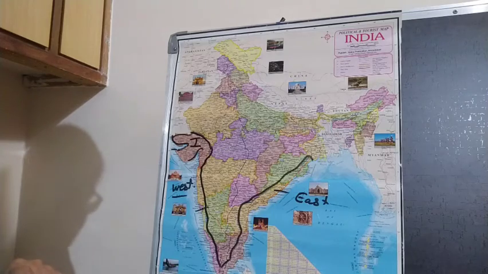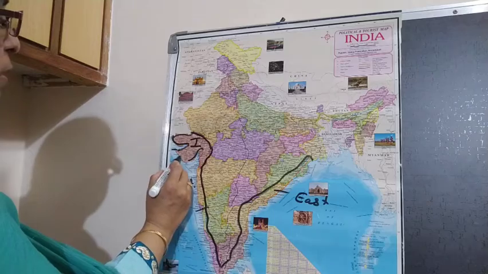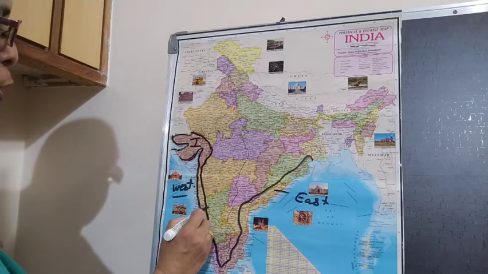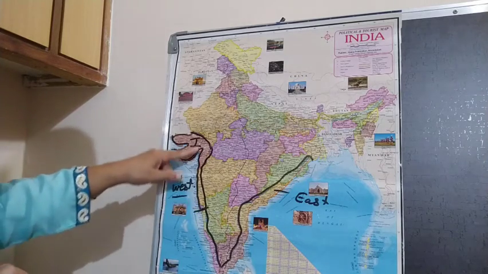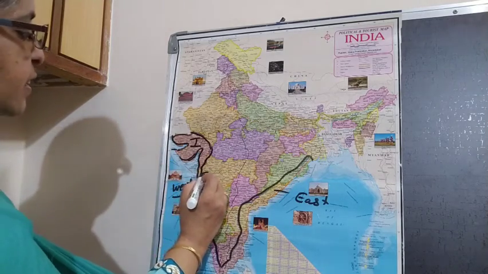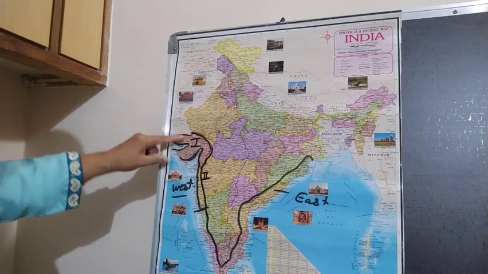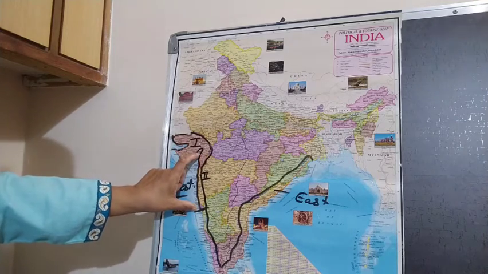You people have been to Khambat, you go to Khambat, right? Now see the line, from Khambat to Goa. Here we have Goa. From Khambat to Goa we have the second part. This is the Gujarat coastal line. This is the Konkan coastal line.